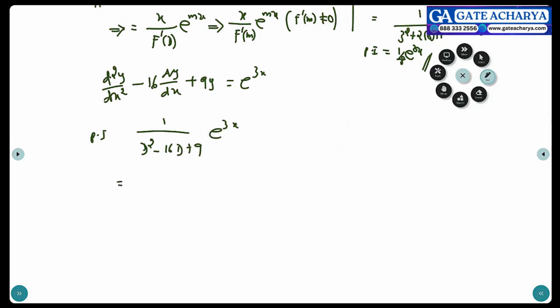So it is exponential form. That was type 2. So replace all d by the coefficient of x from this exponential. Coefficient of x is 3, so replace all d by 3.